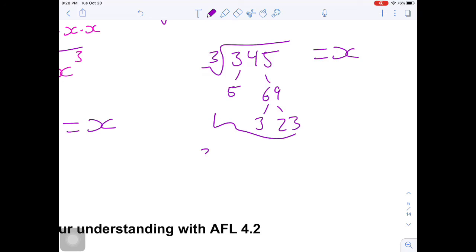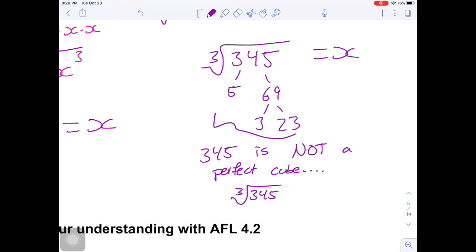So 345 is not a perfect cube, meaning that the cube root of 345 is irrational. Okay, and that makes x irrational.